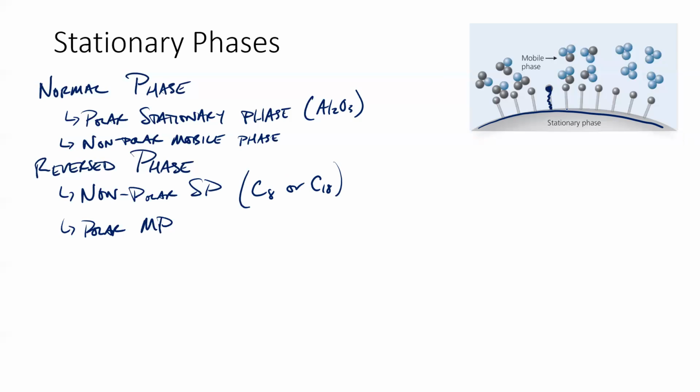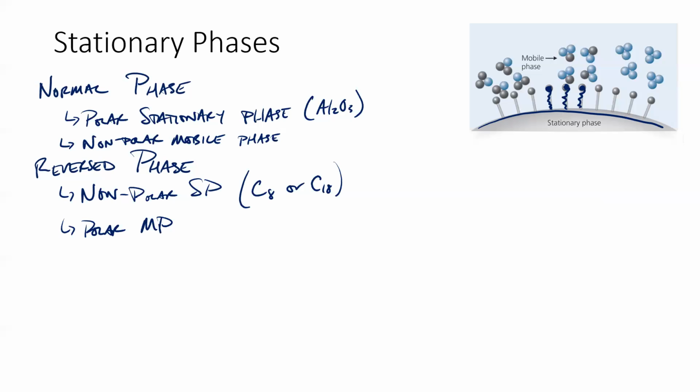And so now there's a C18, so 18 carbons in a row, right? Of course, with all the hydrogens necessary to give carbon 4 bonds each. But they've functionalized the surface so that now what the mobile phase sees and what the analyte in the mobile phase see are not that aluminum oxide surface, but that C18 non-polar surface. And that's really what they interact with.